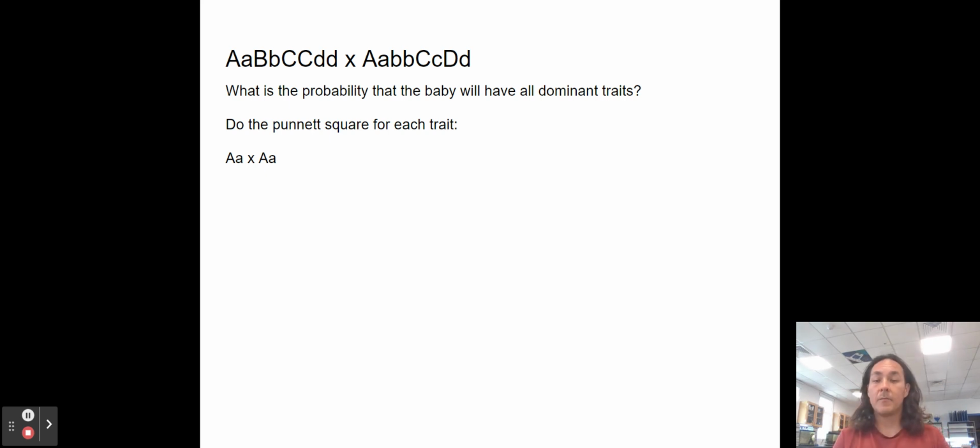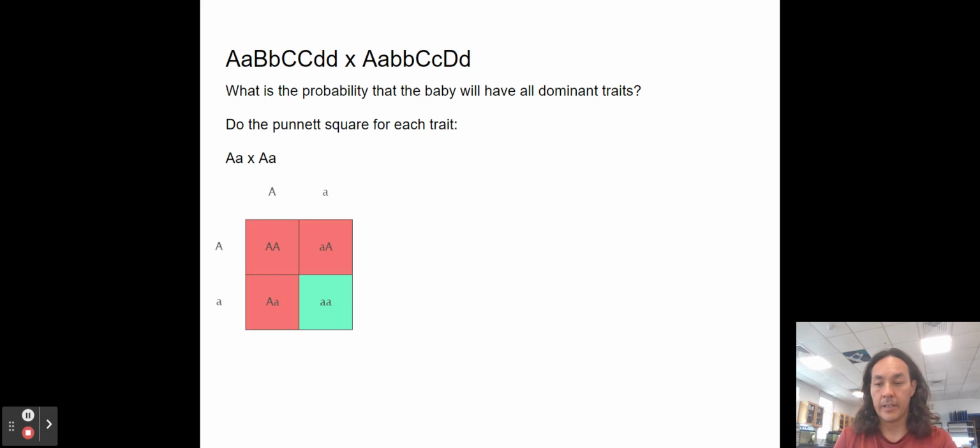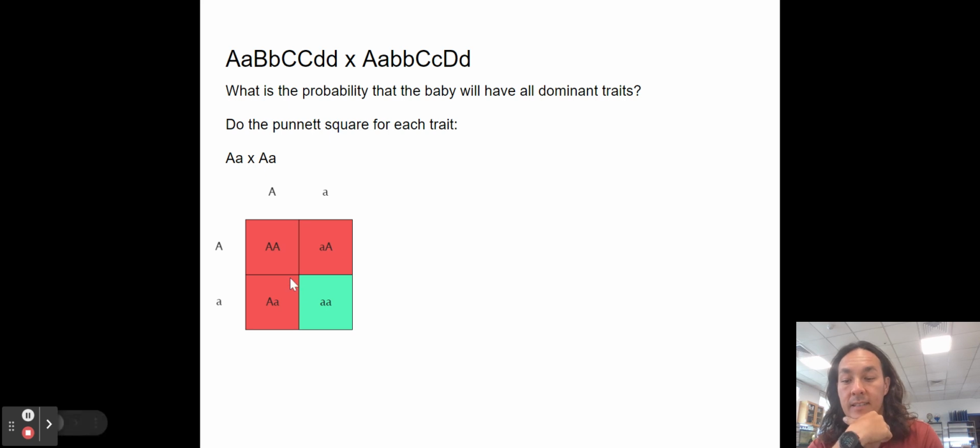And so here I'm asking, what is the probability that the baby will have all dominant traits? So let's use the product rule. That means dominant A, dominant B, dominant C, and dominant D. All right, we're going to do our A's here. I'm crossing this heterozygous A times this heterozygous A, and this is my result.